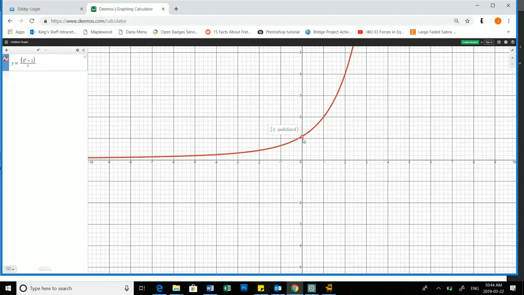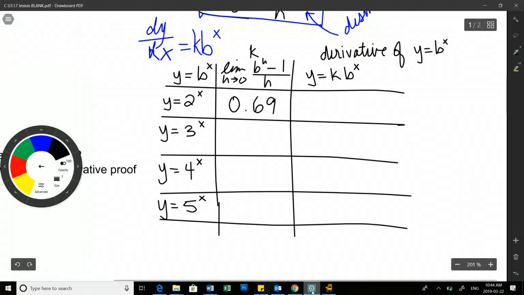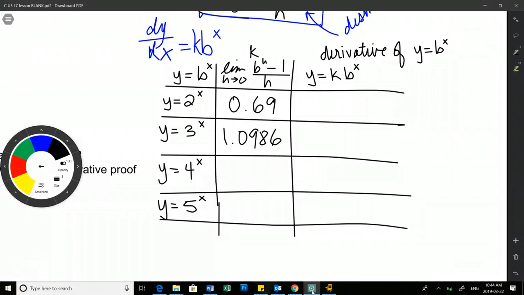I'm going to tell you the more precise value, which is approaching 1.0986. Again, we can also calculate this by hand, and actually with our graphing here, it's probably more accurate to calculate it by hand and sub in something for h as we change b, like 0.00001, just because it's hard to get that close on the graph. So I'm just giving you the more precise values that could be calculated by hand.